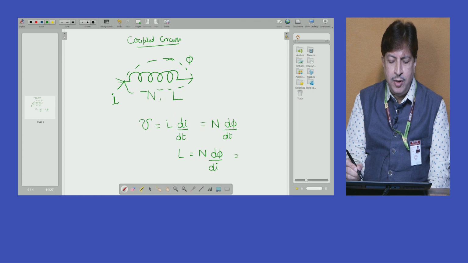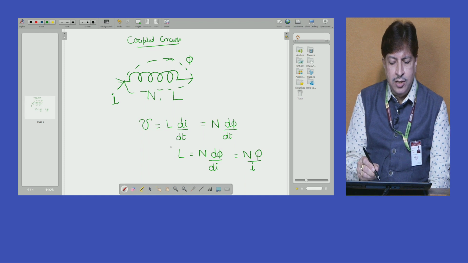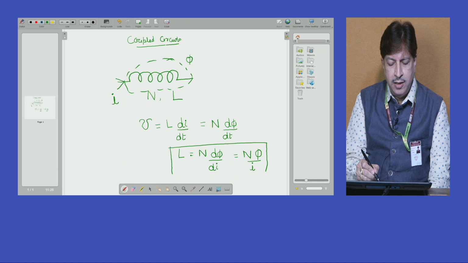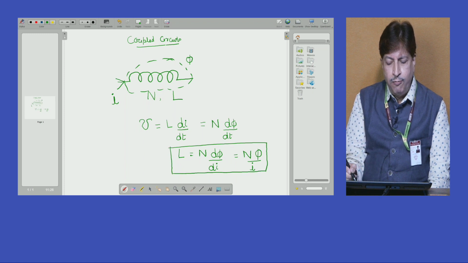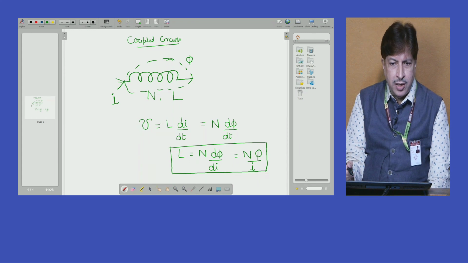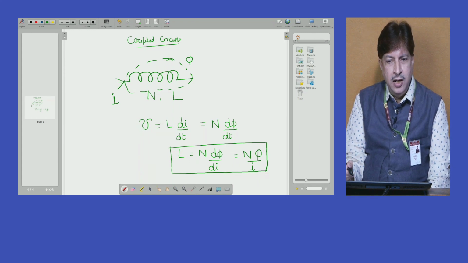The same self-inductance can be generalized in terms of phi and I as L is equal to N phi by I, as flux and current we are considering as linear variables.